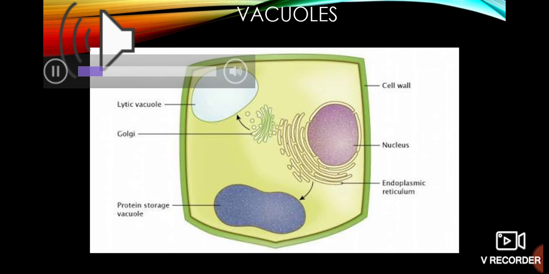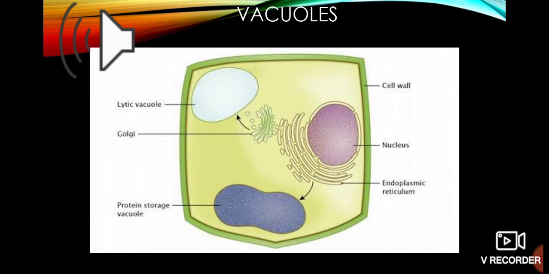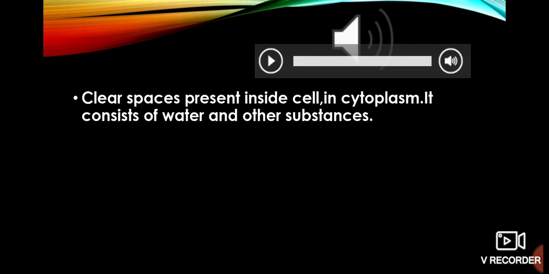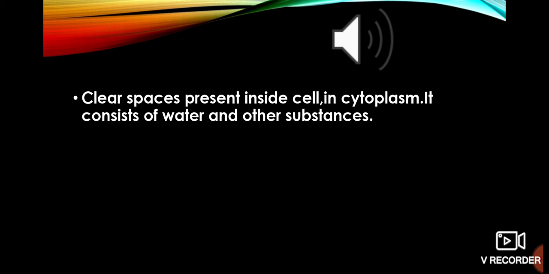The white, clear space which can be seen in the picture is the vacuole. Those clear spaces are the vacuoles, and vacuoles are spaces which store water and other substances.